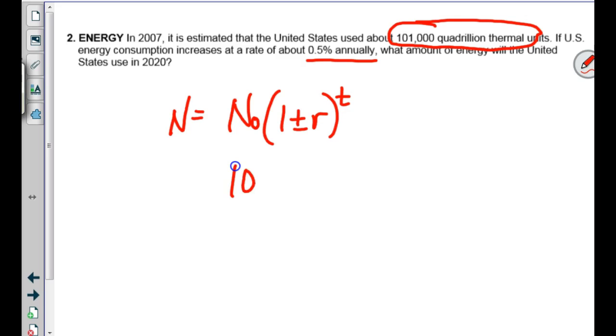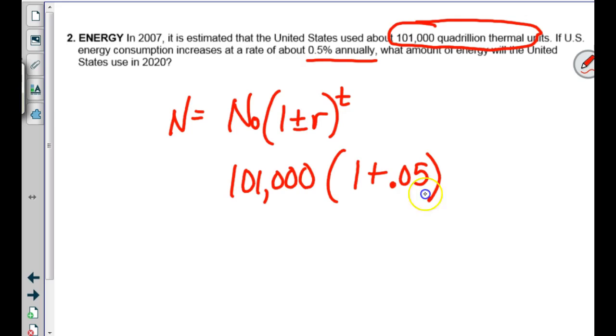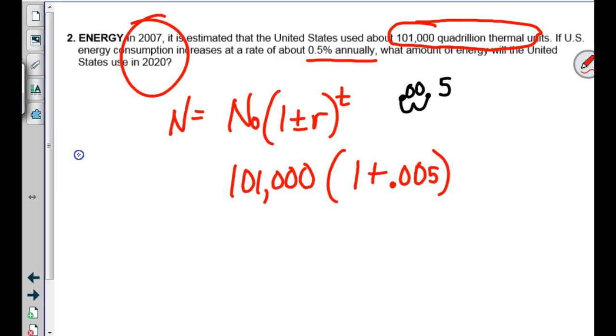So our original is 101,000. Remember, we have a label on that later. 1 plus 0.05. I'm wrong. What should it be, guys? It's 0.5. If we move it back twice, it's, yep. And from what?